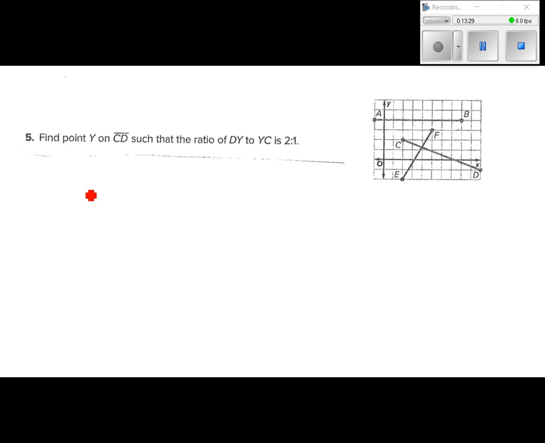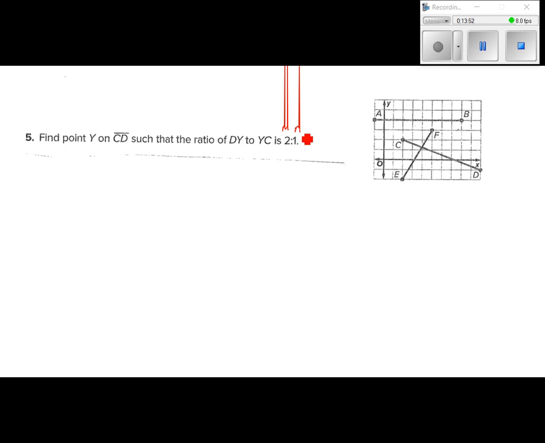Next one, number 5. This time, instead of a fraction, we have a ratio. In this ratio, the 2 is what letter? That's your M, the 1 is the N. We're going to use this formula again, and use it twice.